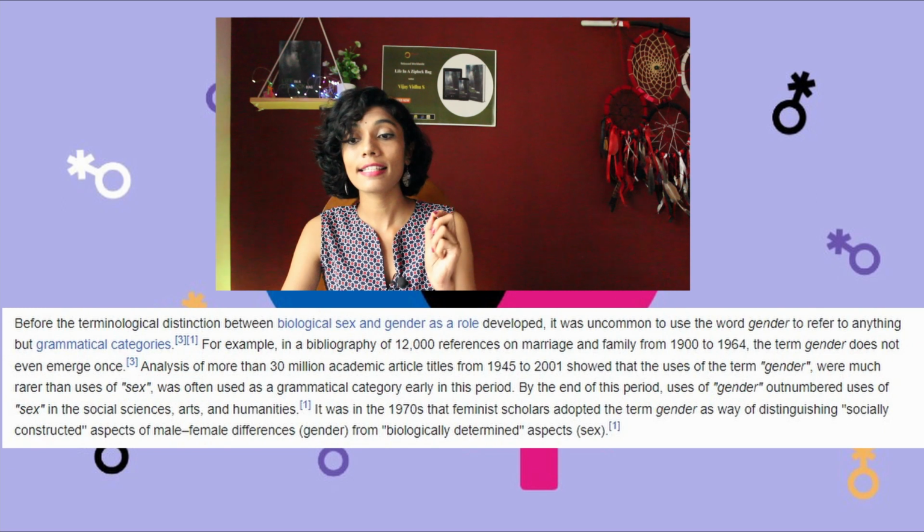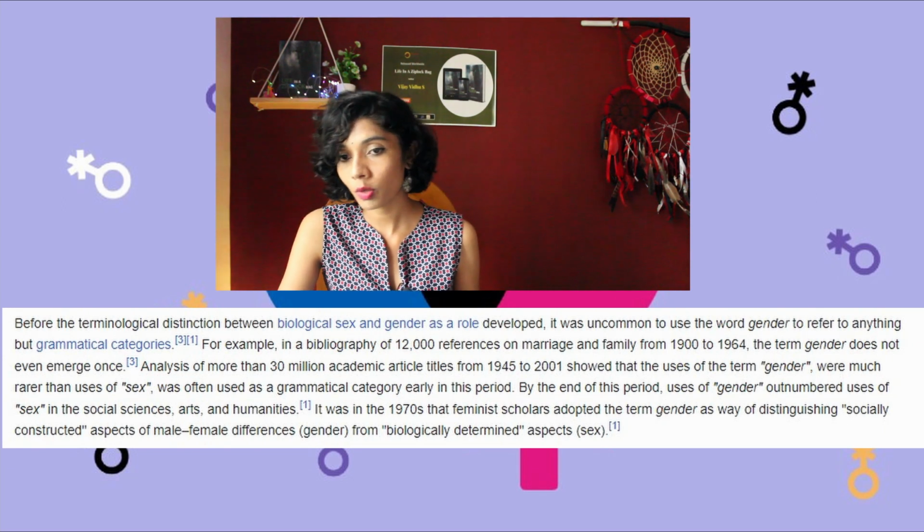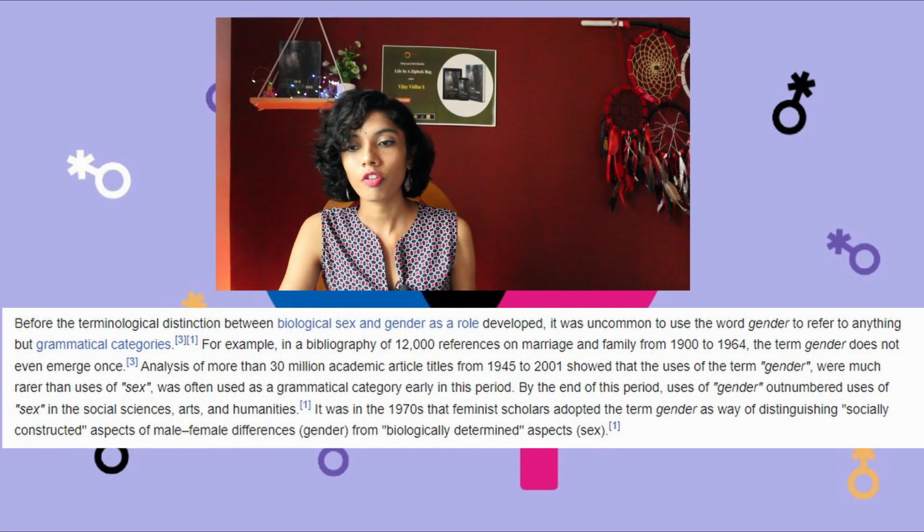It was in the 1970s that feminist scholars adopted the term gender as a way of distinguishing socially constructed aspects of male-female differences from biologically determined ones. So the word gender role was coined by John Money in 1955, and that's kind of where the distinction between sex and gender begins in the world.